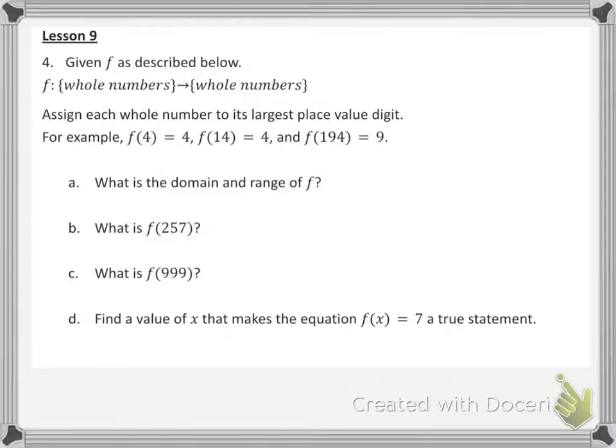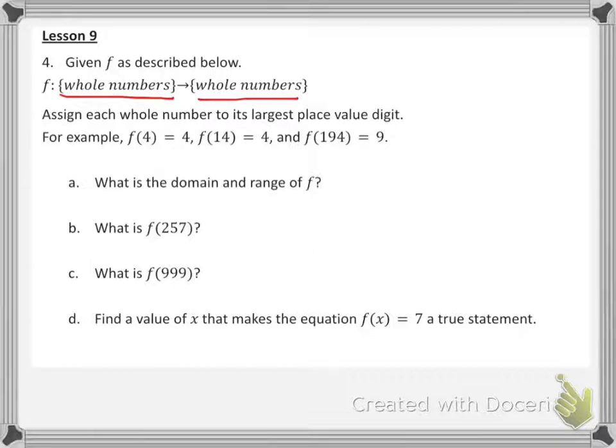All right, number 4. Given f as described below, where the domain is all whole numbers. So remember, this first part is the domain, the input, which will produce an output, that's the range. Assign each whole number to its largest place value digit.